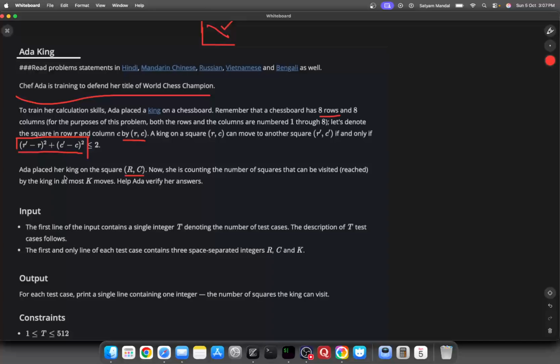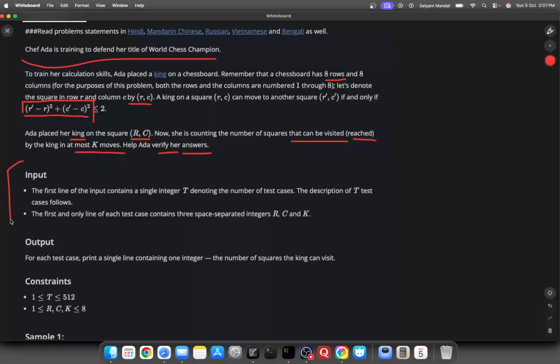This is the coordinate of the king where we placed the king on a grid. Now she is counting the number of squares that can be visited by the king in at most K moves. Help Ada verify this answer.